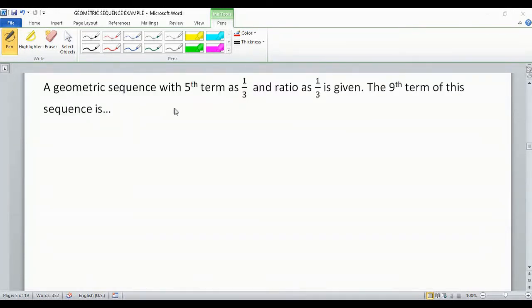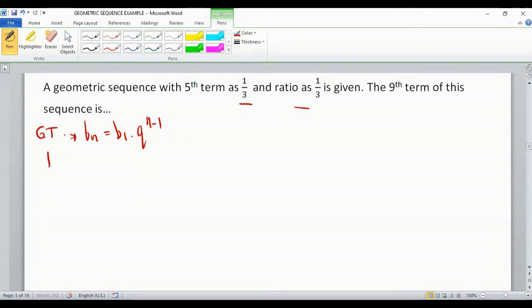A geometric sequence with the fifth term 1 over 3 and the ratio 1 over 3 is given. The ninth term of the sequence is? We remember that the general term of a geometric sequence is Bn equals the first term times k power n minus 1.